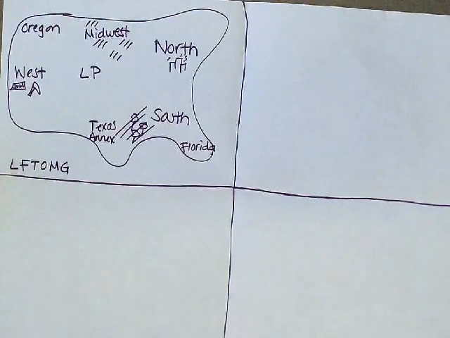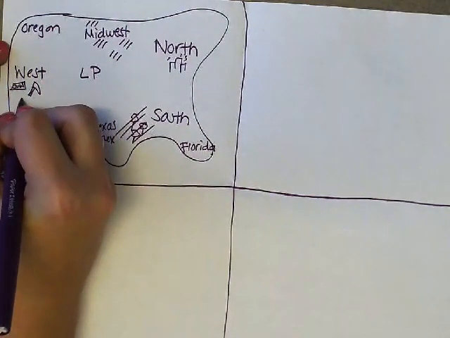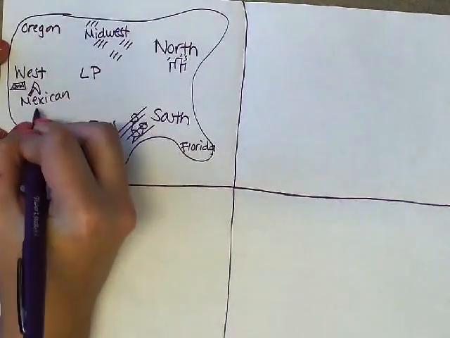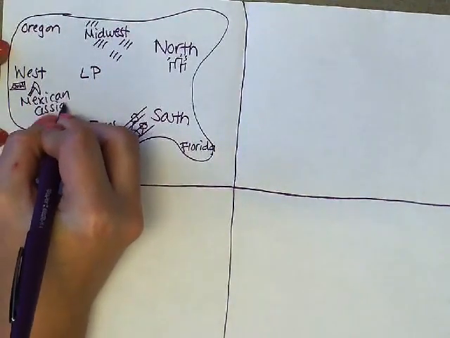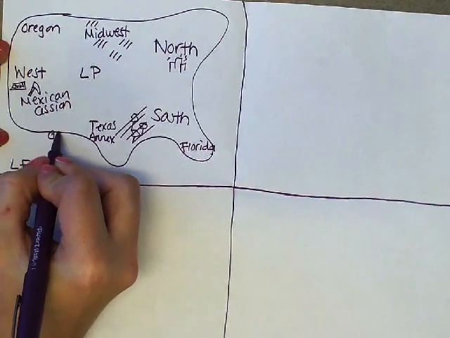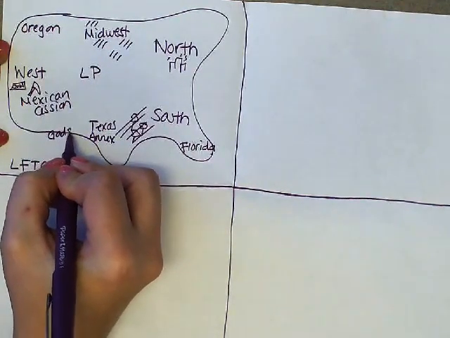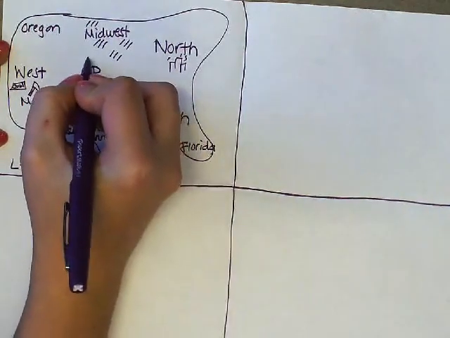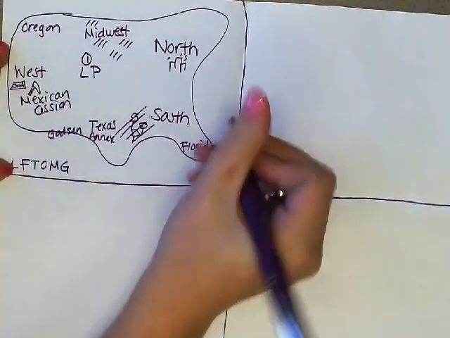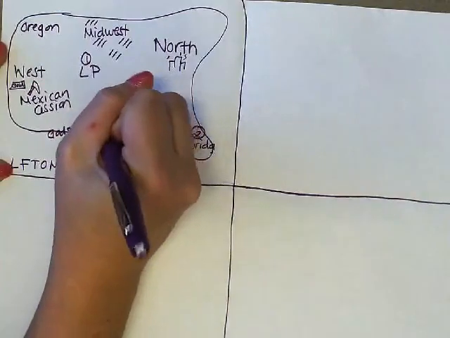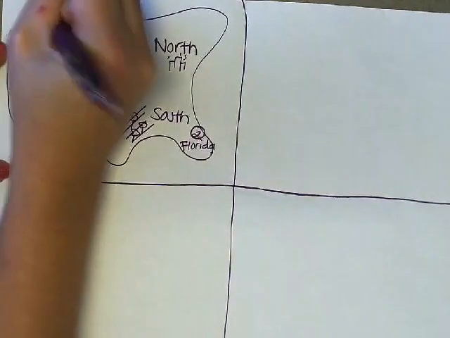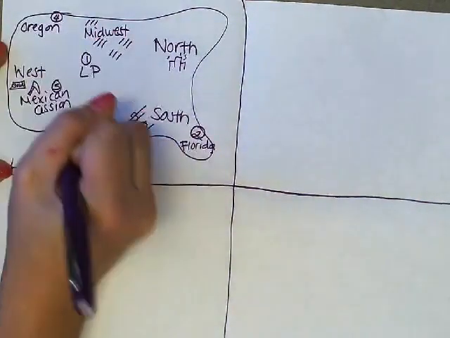And then after that, we have the Mexican secession. And then the last one is Gadsden, right down here at the bottom. And it wouldn't be bad to number them on your map, just so you know. So 1, 2, 3, 4, 5, 6.